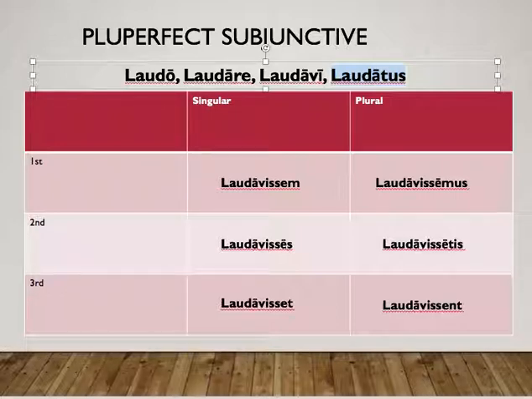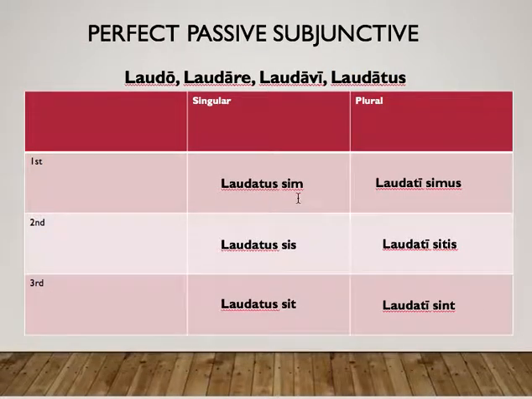In the indicative, we put on sum, es, est, sumus, estis, sunt. In the subjunctive, we're going to put the same forms of sum, but we're going to put them in their present subjunctive form, which you might have forgotten. Sim, sis, sit, simus, sitis, sint. A good way to remember that the present active subjunctive of sum is sim is to think of the idea of a simulation, right? It's a potential reality.